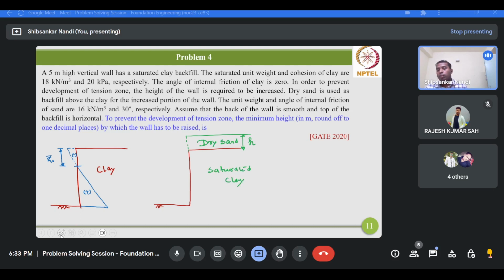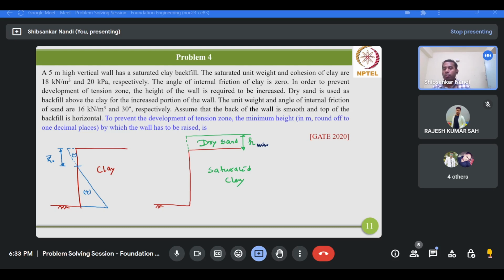Now what we need to determine? We need to determine the H minimum. Okay, so the minimum height of this H. So we can go for any height of this H, so that there should not be any tension throughout the backfill. Obviously for the sand portion you should not worry about or bother about any tension for sand.